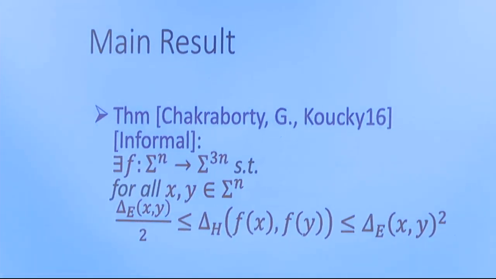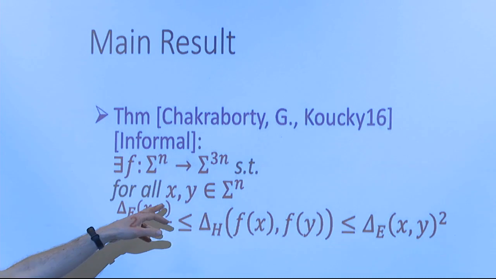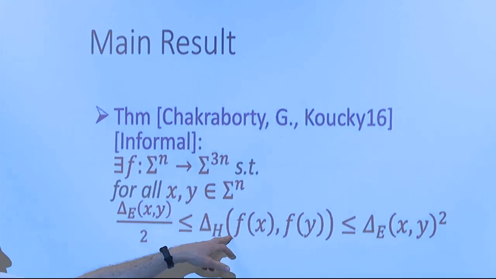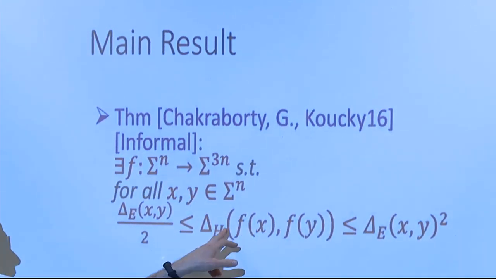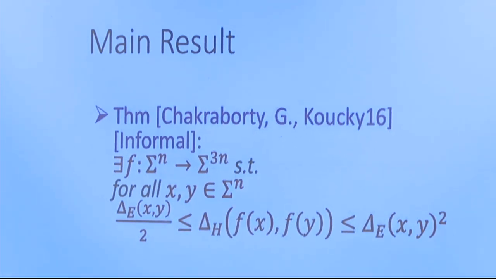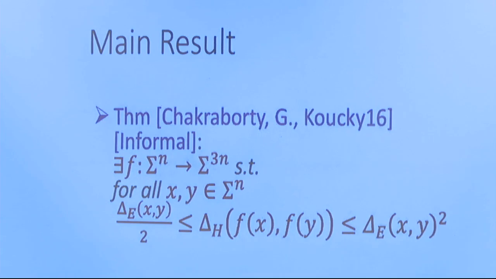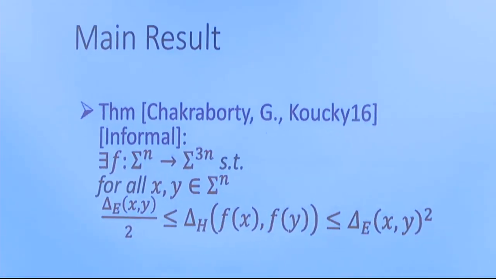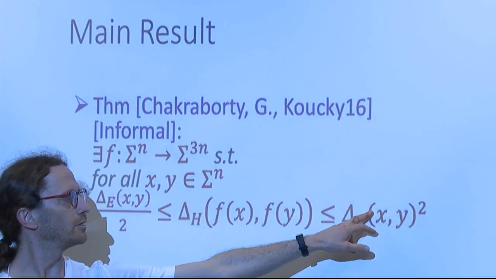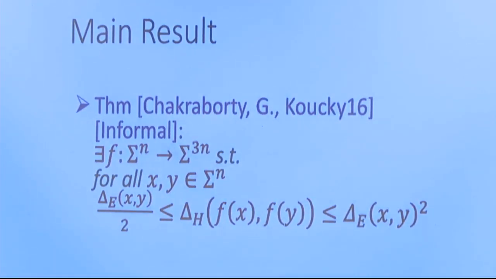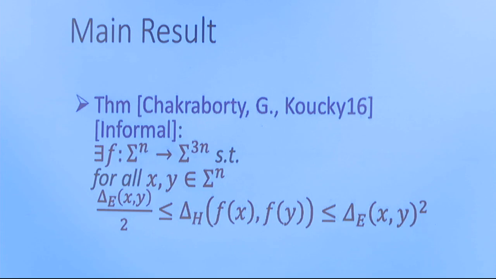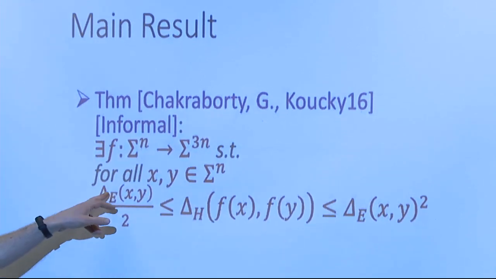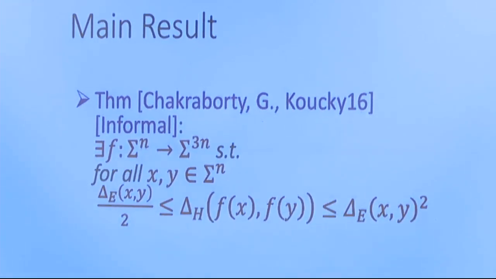This is a linear mapping, such that for all strings x and y, the Hamming distance between the embeddings is bounded by the edit distance of the original strings squared, and at least the edit distance of the original strings over 2.